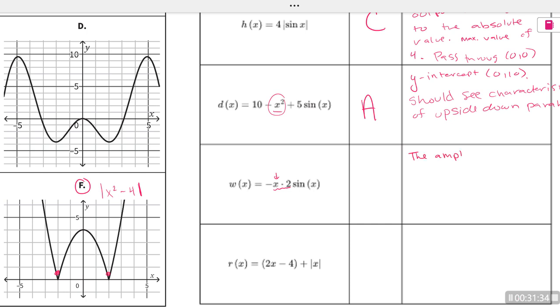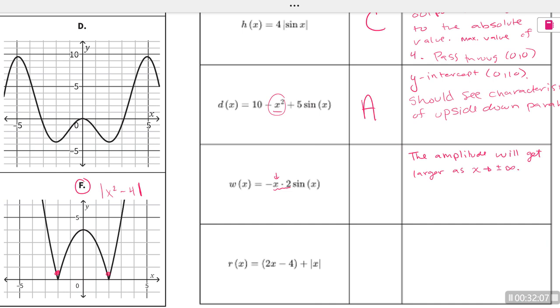The amplitude will get larger as x approaches positive or negative infinity.